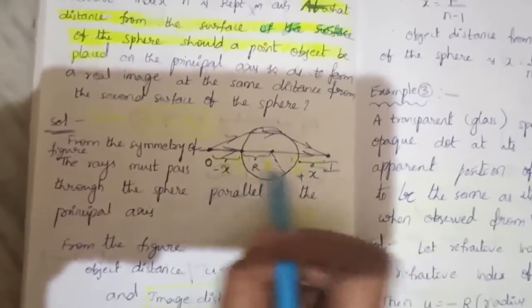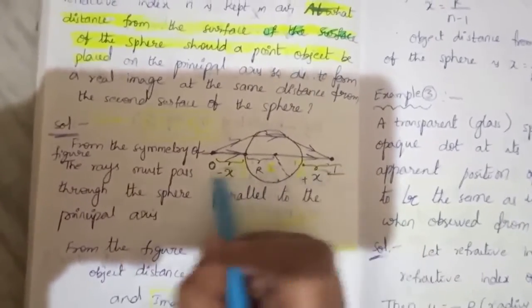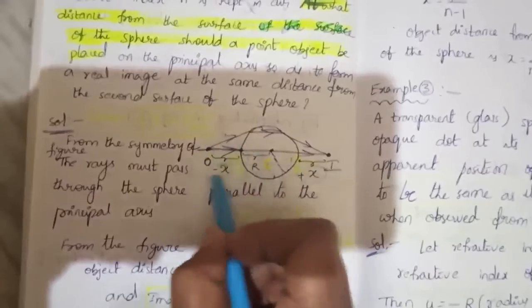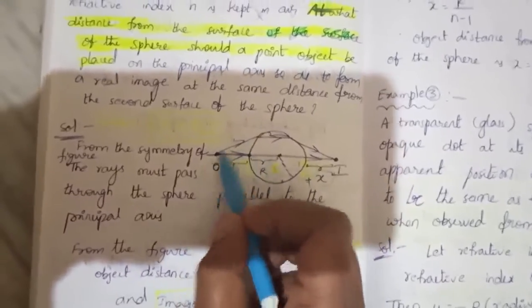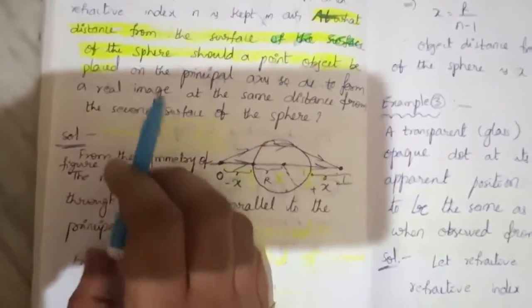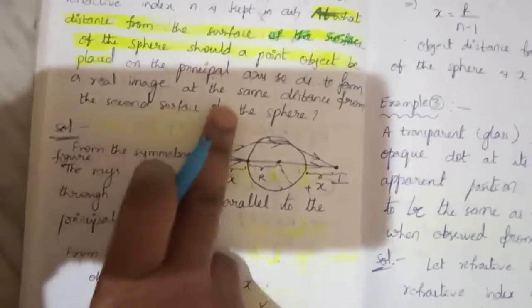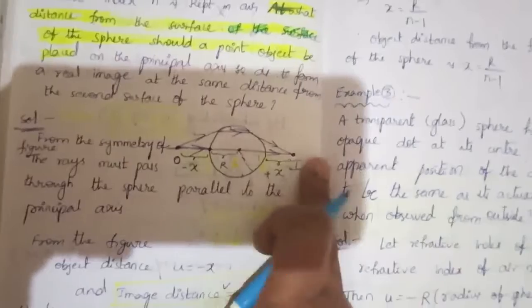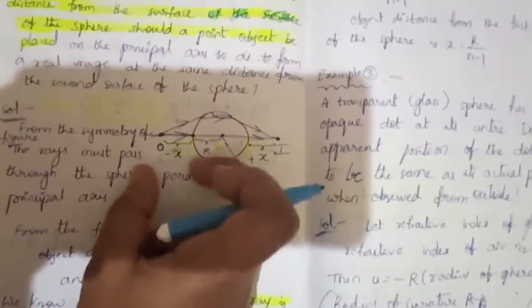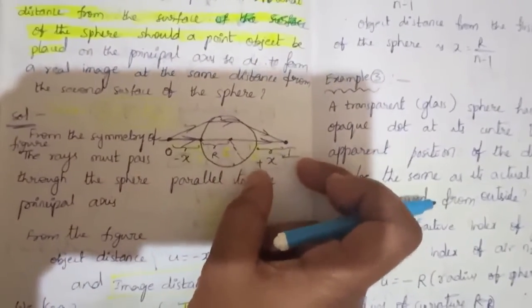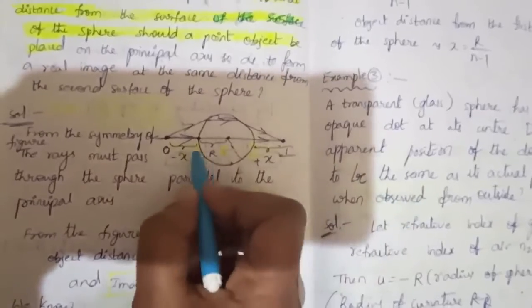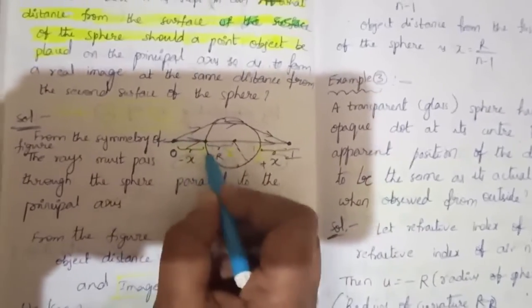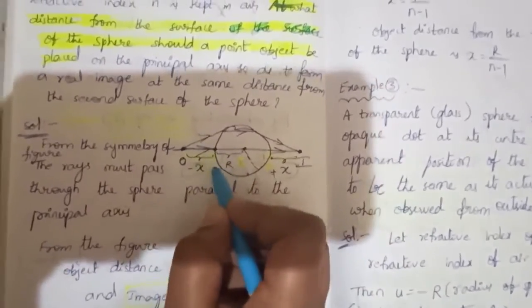Object distance and image distance should be the same, so for that we need to find the object distance.